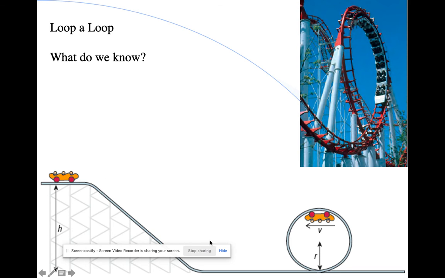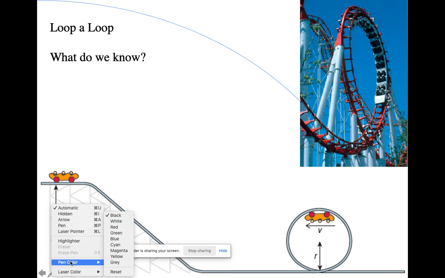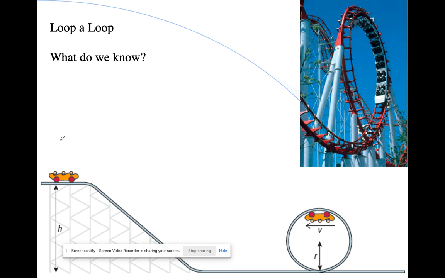All right, so what do we know when we come down this hill? When something starts up here, what do we know? We know its potential energy. You're absolutely right. So if we know its potential energy here, then what do we know down here? Yes, we know its kinetic energy.